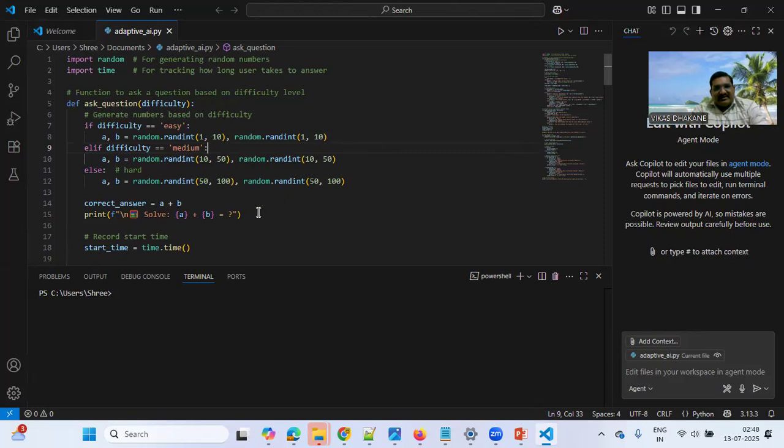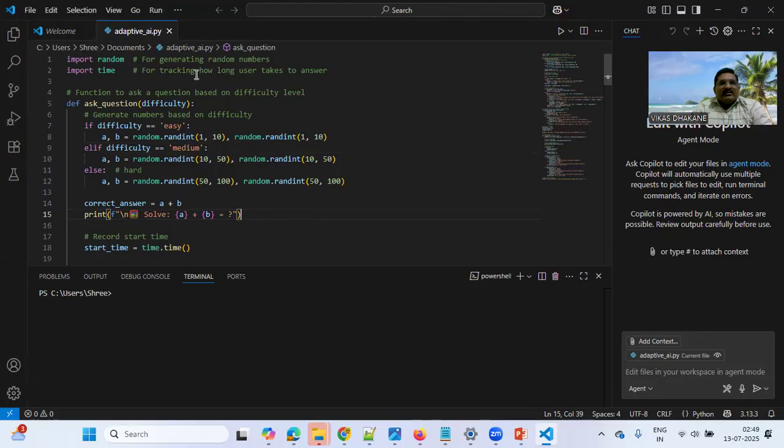Just like a machine learning model, we have tried to build the rule-based system here, and we are trying to understand the concept of adaptive learning that we have discussed theoretically.